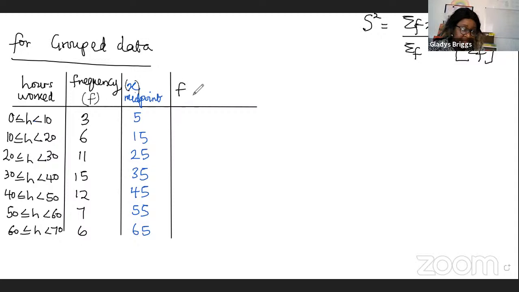So F times X. 5 times 3 would be 15. 6 times 15 is 90. 11 times 25 is 275. 15 times 35 is 525.